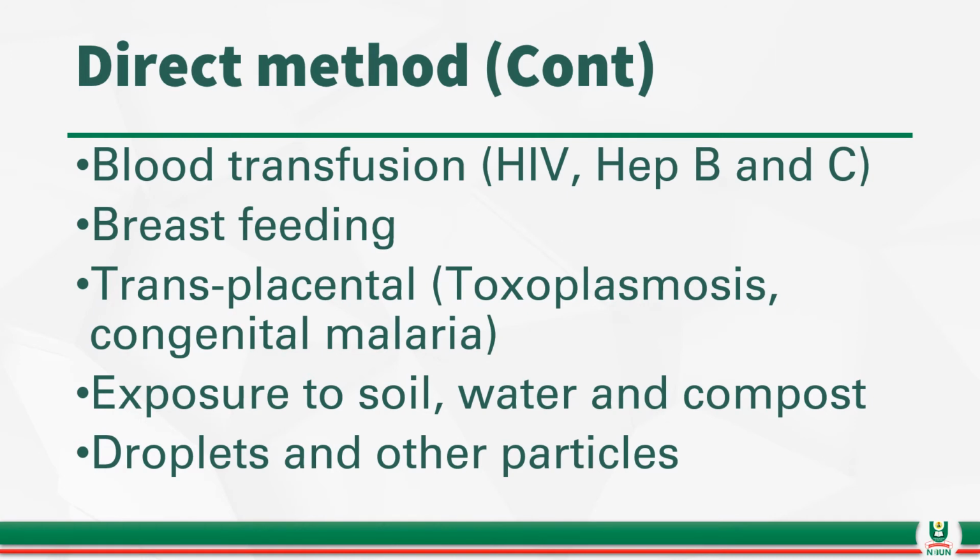Other direct methods like blood transfusion: screening blood and blood products can prevent the transmission of HIV, hepatitis B and C. Breastfeeding: infections like HIV that can be transmitted through breastfeeding can be avoided if a breastfeeding mother is HIV positive, or the person can take antiretroviral medication, as may be decided by the medical practitioners or clinicians, to avoid transmission of HIV and other infections that can be transmitted through breast milk.